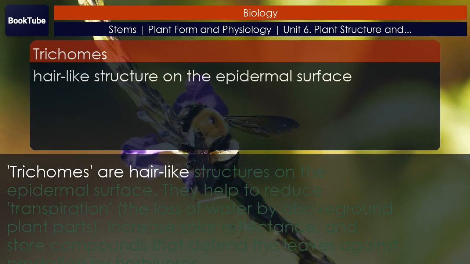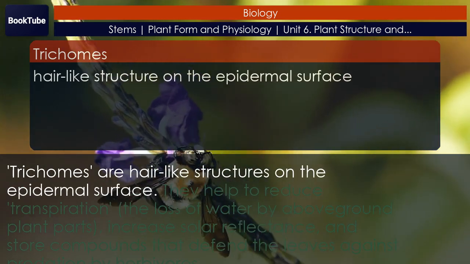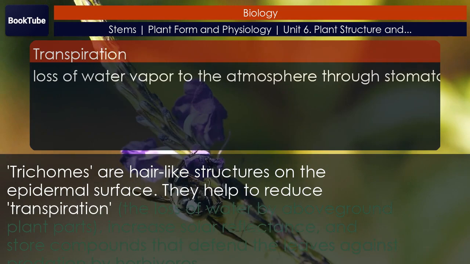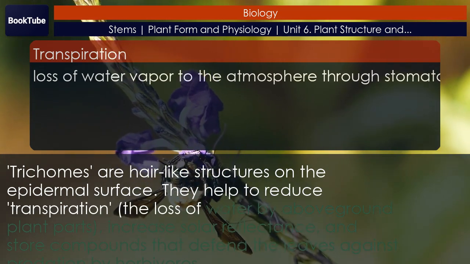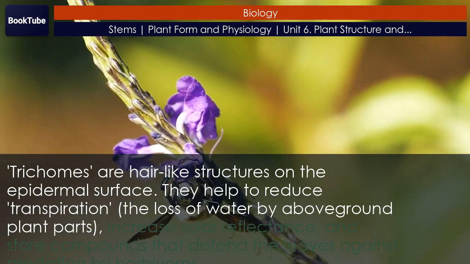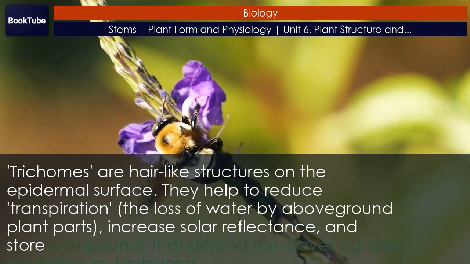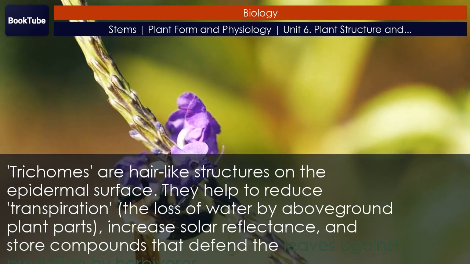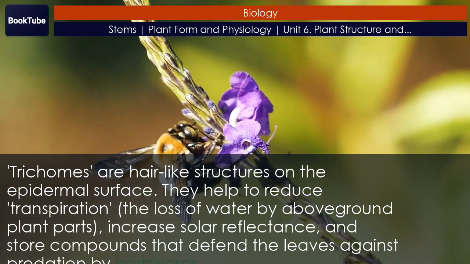Trichomes are hair-like structures on the epidermal surface. They help to reduce transpiration, the loss of water by above-ground plant parts, increase solar reflectance, and store compounds that defend the leaves against predation by herbivores.